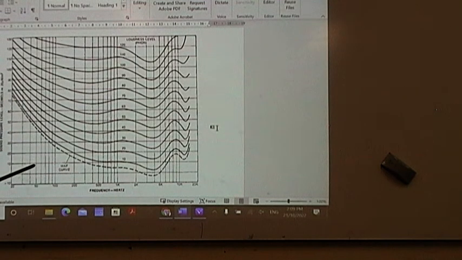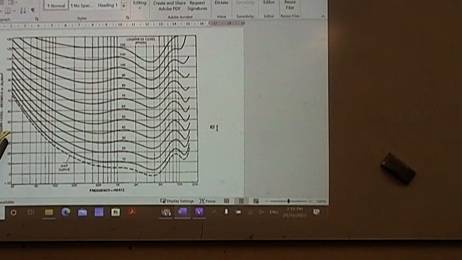If the question is, what should the sound intensity level be at 50 hertz to hear it the same as you hear a 40 decibel sound at 1 kilohertz?